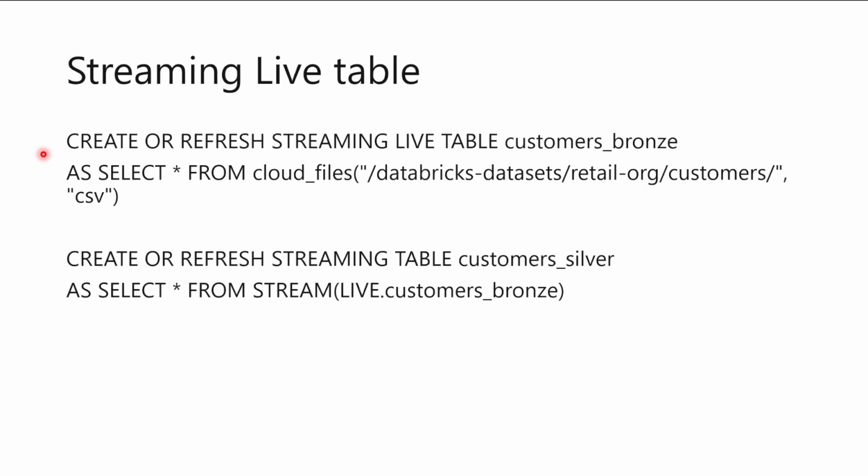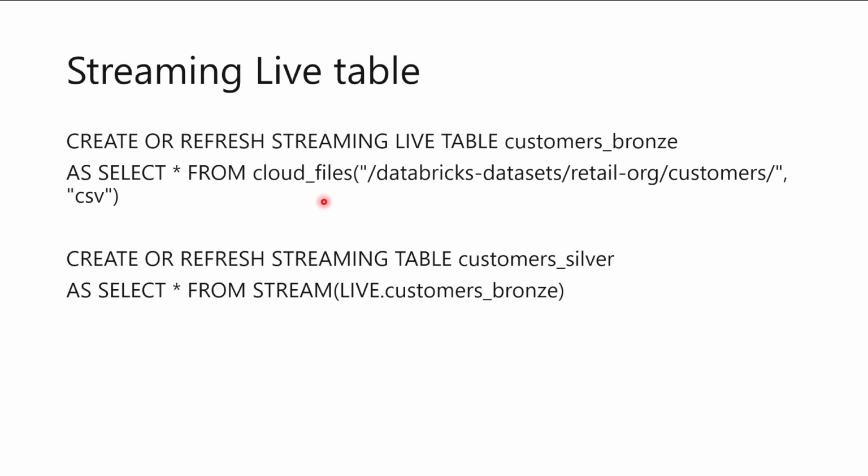In the first example, we are creating a streaming live table. The syntax is create or refresh streaming live table, table name as select star from. Here we are using the Auto Loader cloud function to read customers data from the Databricks datasets into a table named customers bronze.